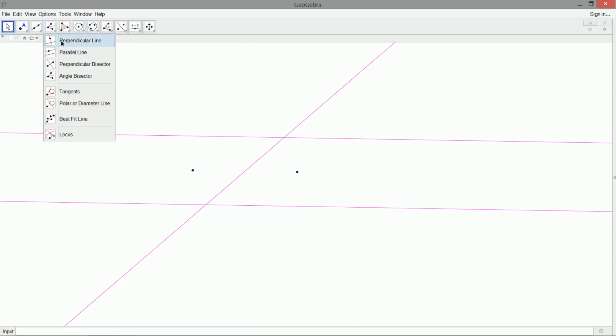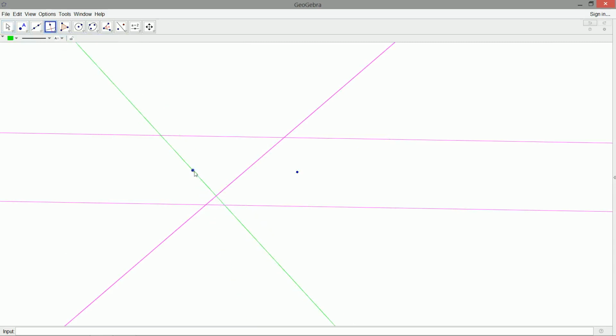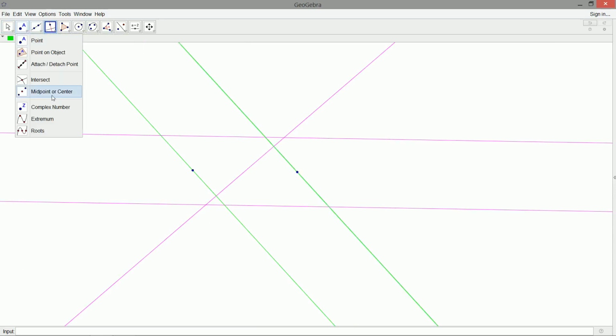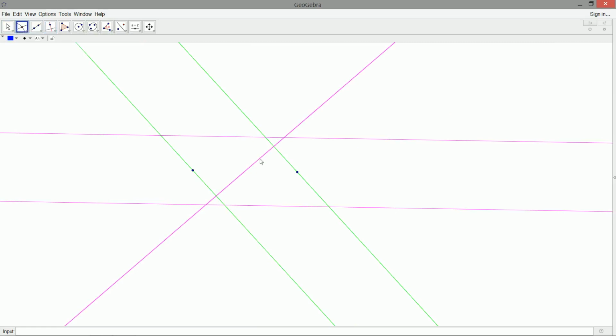Okay, so we'll get out our trusty perpendicular line tool. And we get some intersections here. And this allows us to create our circles. But there's only going to be 2 circles instead of the general 4.